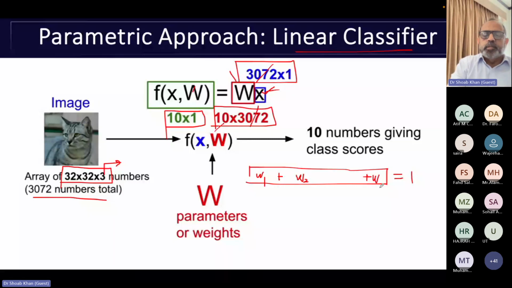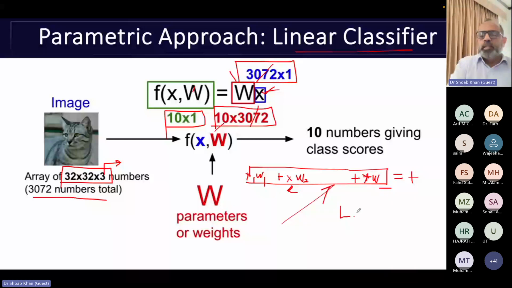Okay, and here is the constant value of your x, which is the first pixel value, or first value in that vector, then second value in that vector, and here is the last value in that vector, and it generates an output. So it's a linear equation.